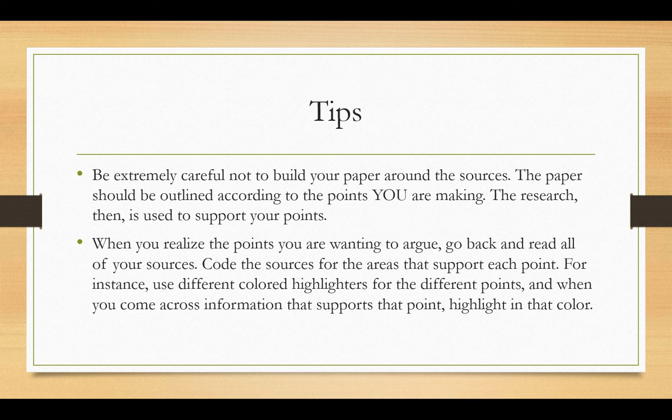So every time you read about military age in your research, you would highlight it, let's say in green, or you would mark the number 2 out in the margin. And so when it's time to collect your research and write your paper, you know that for your second point you're looking for this military information, and you're going to be able to quickly see the color green or the number 2. And you can pull it and incorporate it into your paper.